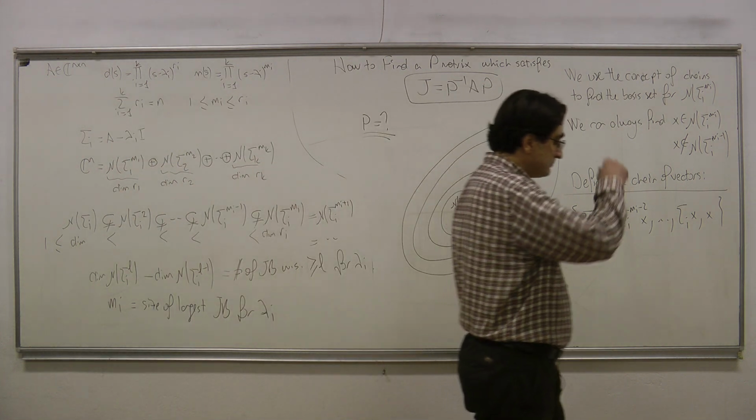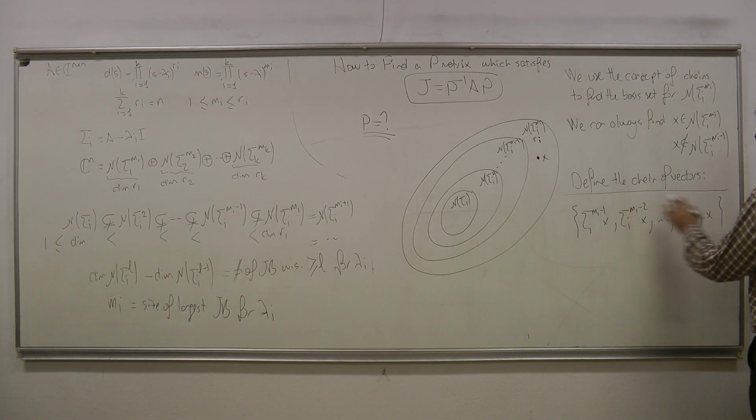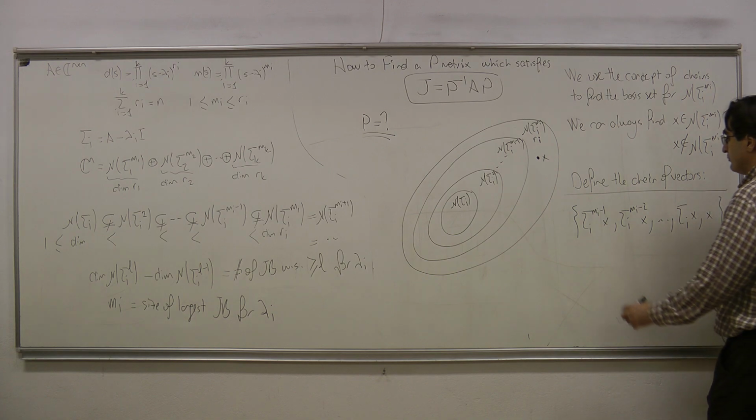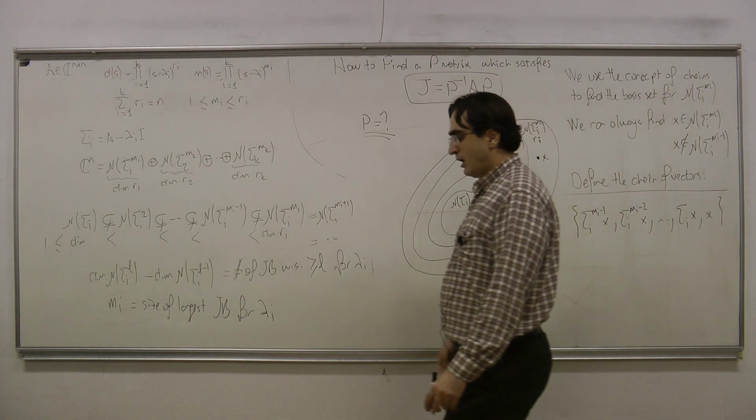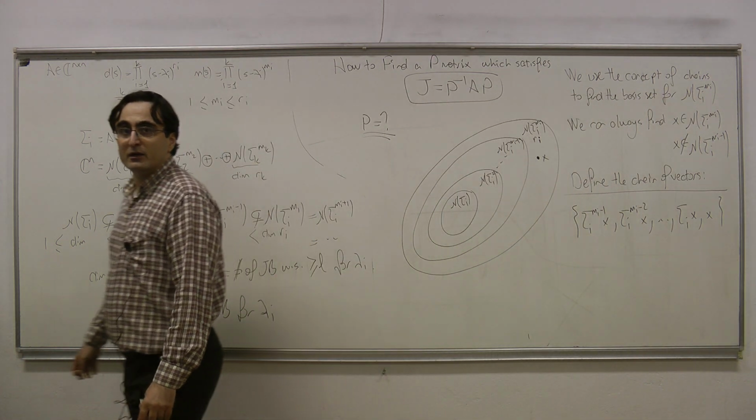Now I am wondering about the properties of this chain of vectors. How many vectors are there in this chain?